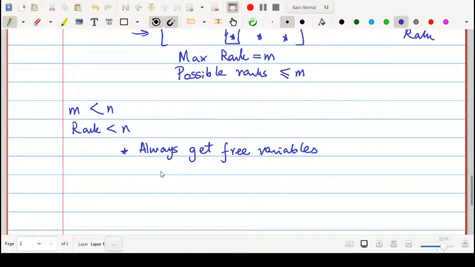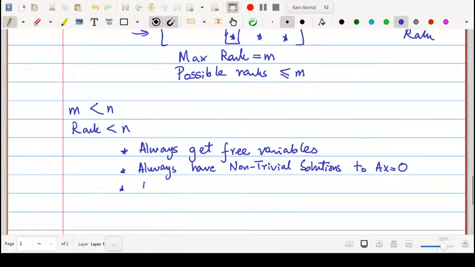Okay, so if you always get free variables, that means you will always have non-trivial solutions to Ax equals 0, right?